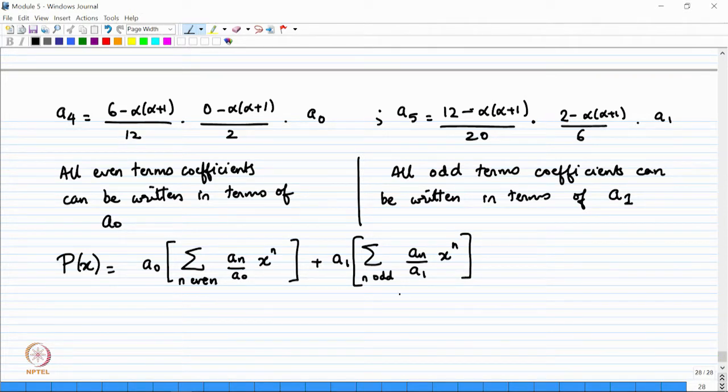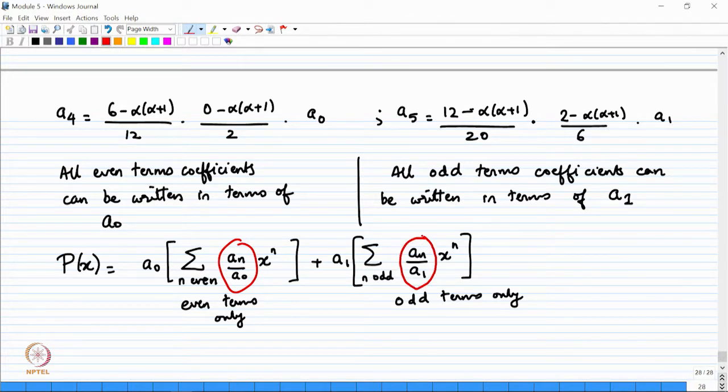So, this contains only odd terms, this is even terms only. And what is important is that a_n by a_0 is some number, these are just functions of alpha.